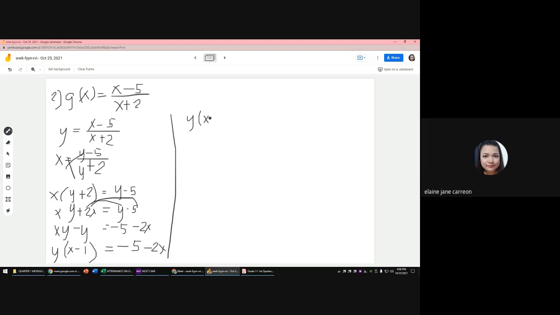So y times x minus 1 equals negative 5 minus 2x, and we divide both sides by x minus 1. And we can cancel x minus 1 and x minus 1. What remains is y is equal to negative 5 minus 2x over x minus 1.